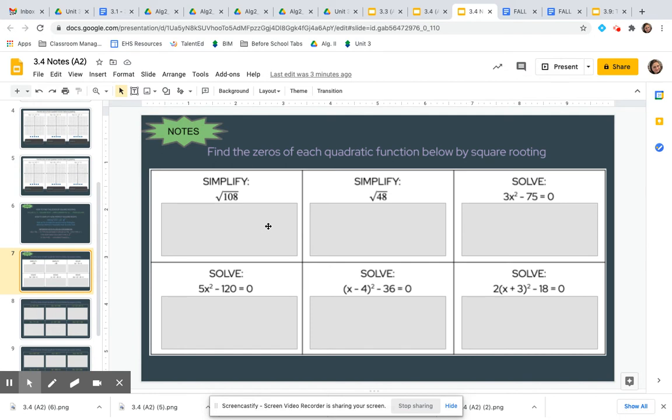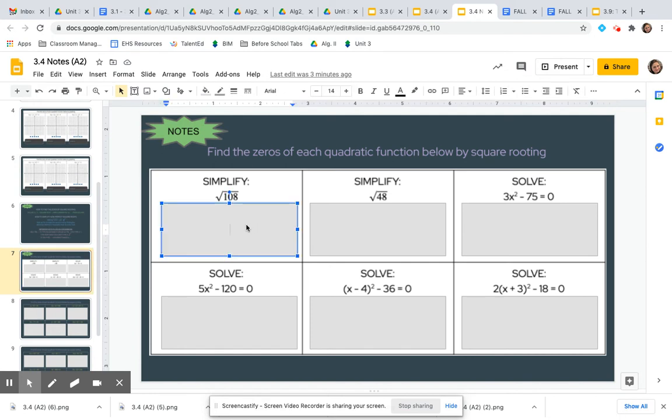So there should be a place where you guys can type right here. What you're going to do is type the square root and then parentheses. We're going to turn 108 into a multiplication problem. And I want to try and find the biggest number I can to divide 108 by that's a perfect square.